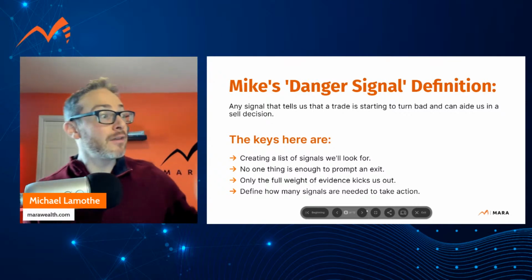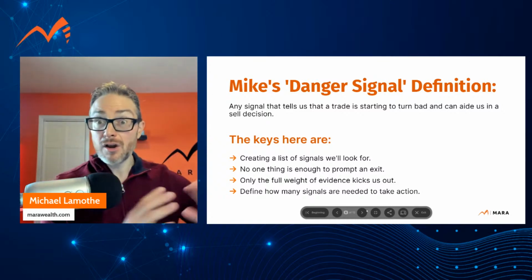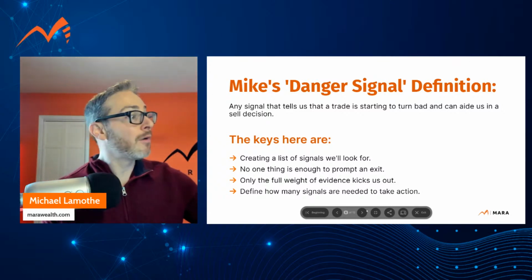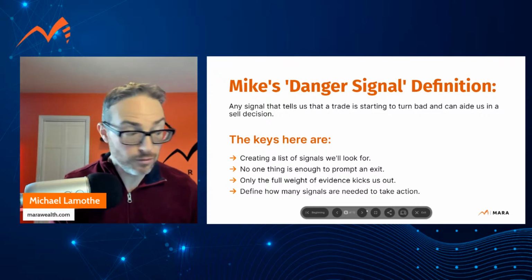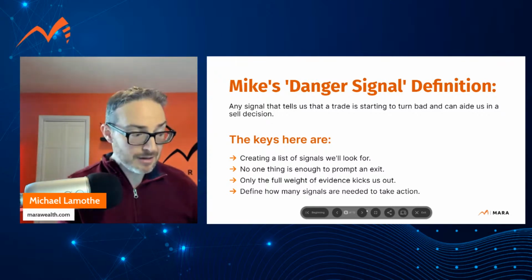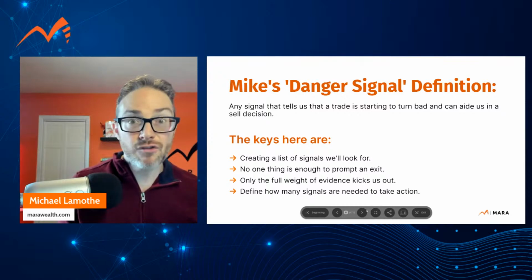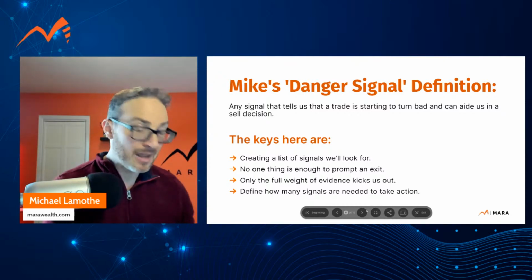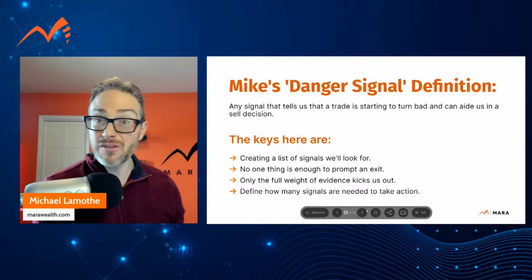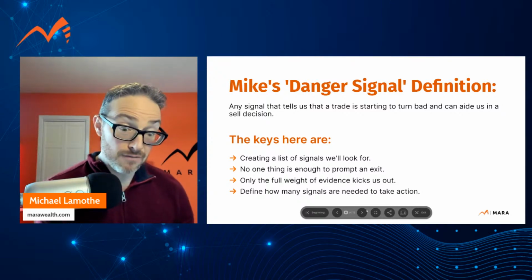The key, though, there's a few keys in creating your danger signals. You want to create a list of all of the signals that you're going to look for. So grab your pen, grab some paper, and start writing down the signals that you're going to be looking for. Anything that makes it onto your list is what you're going to be looking for.